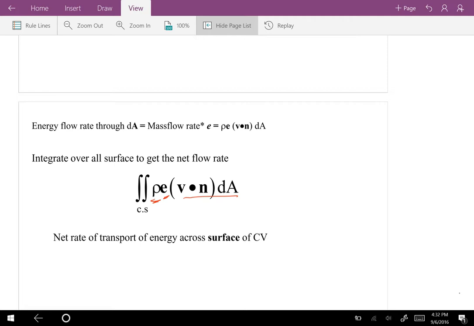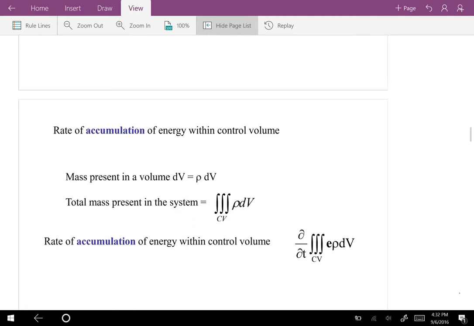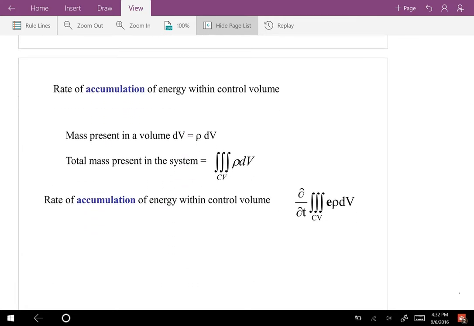So we have evaluated one term. Now what is rate of accumulation of energy within the control volume? So rho times dV, the mass of a small volume dV, gives you the mass.